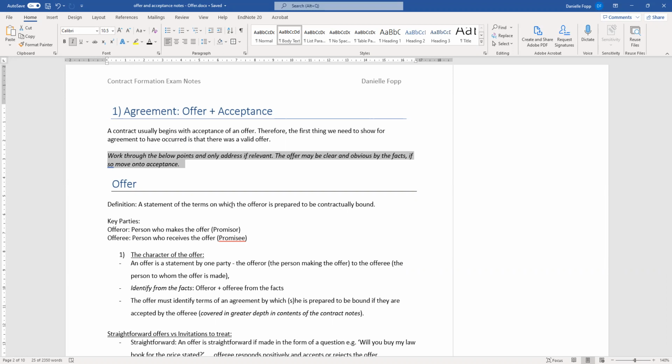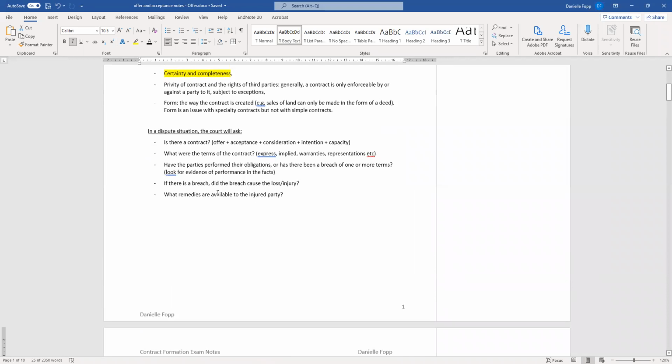You don't need to go through all of these items because, as we know up here, your lecturer might be including an issue of law that's not just offer. Offer is the first tier of issues. The issue or issues in the problem question could be any of these.